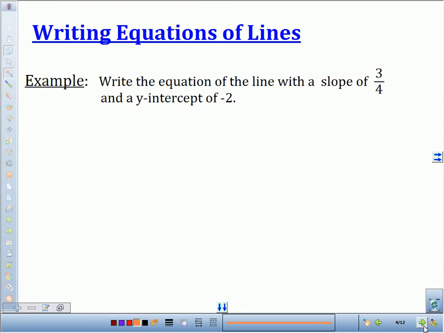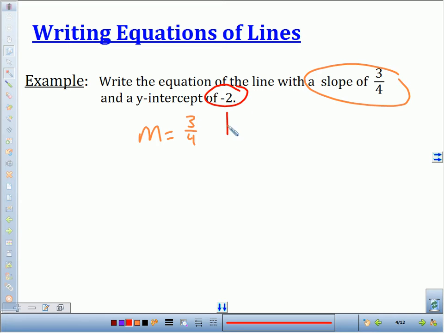All right, let's look at an example of how this might be used. We want to write the equation of a line with the slope of 3 over 4 and a y-intercept of -2. Since we're given the slope and we're given the y-intercept, we want to use slope-intercept form. Our slope m is 3 over 4, that's what we're told, and our y-intercept b is -2. So we've got our equation.